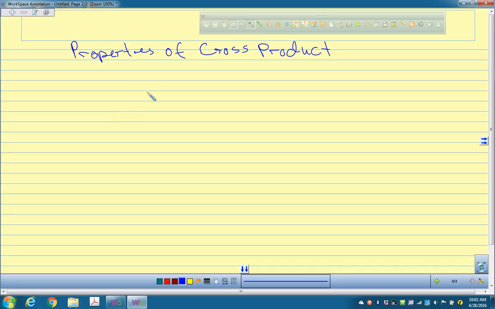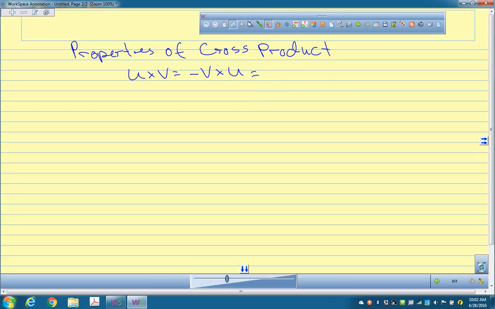The first one I just told you is that U cross V is equal to negative V cross U, which is also equal to V cross negative U. In other words, I can make this one negative and switch the order, or I could make the first one negative and multiply them, and I would get the same thing as if I would do U cross V.